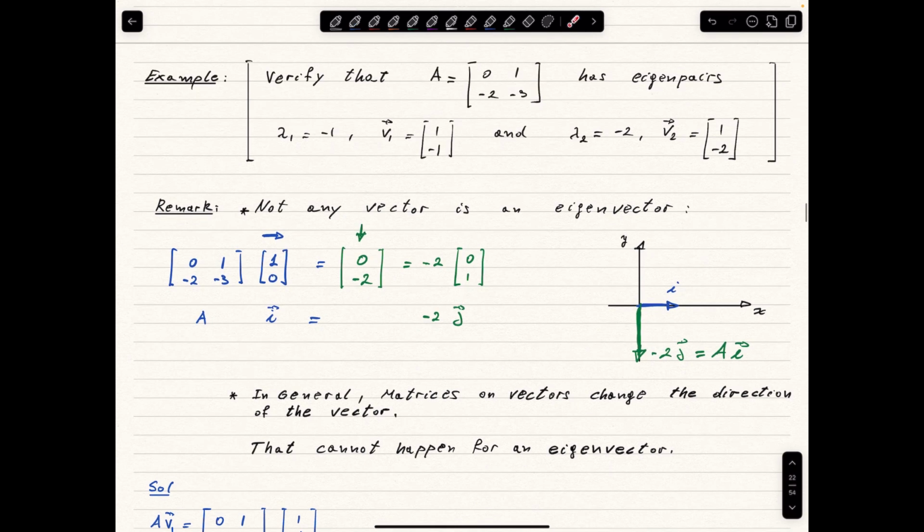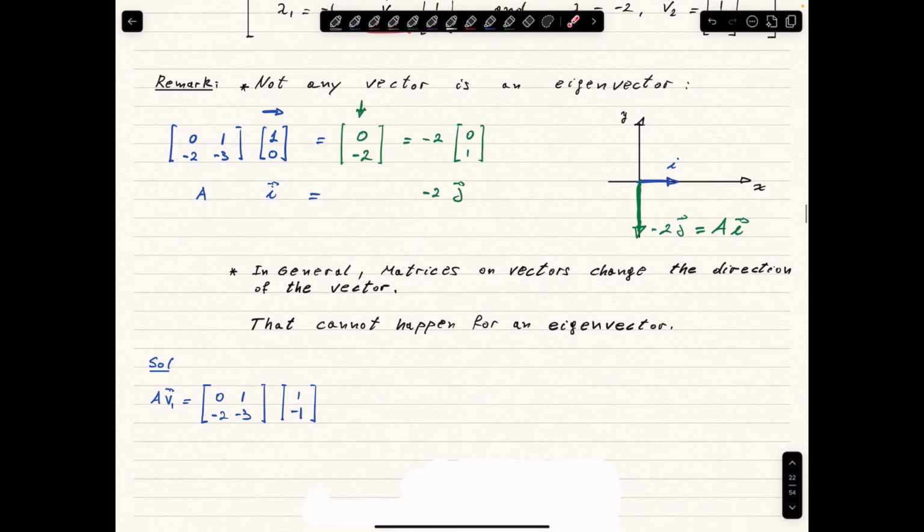Let's do the matrix vector product. In the first component we get negative 1, and in the second we get negative 2 plus 3, so plus 1.